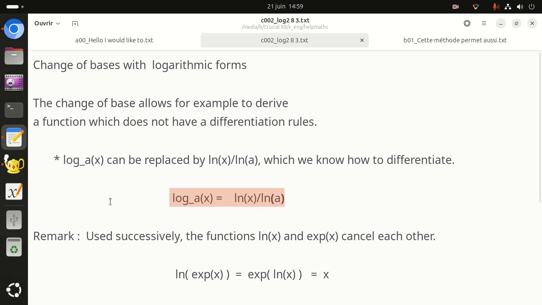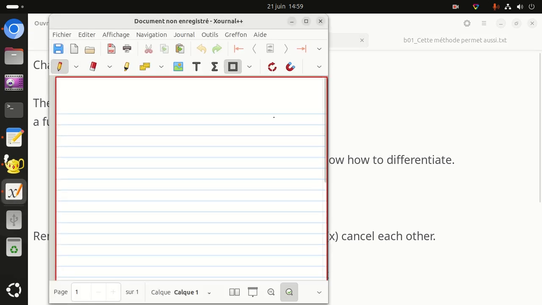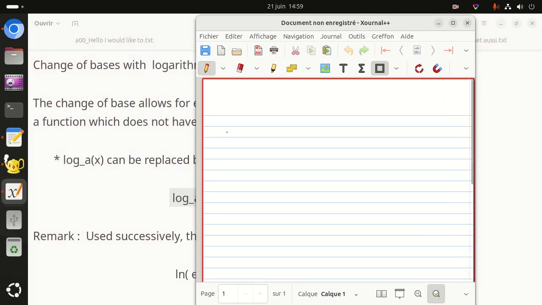For example, if I write this function y equal log of x in base a, I am not able to derive this function. But if I rewrite this function with the ln function, I can write y equal ln of x divided by ln of a.